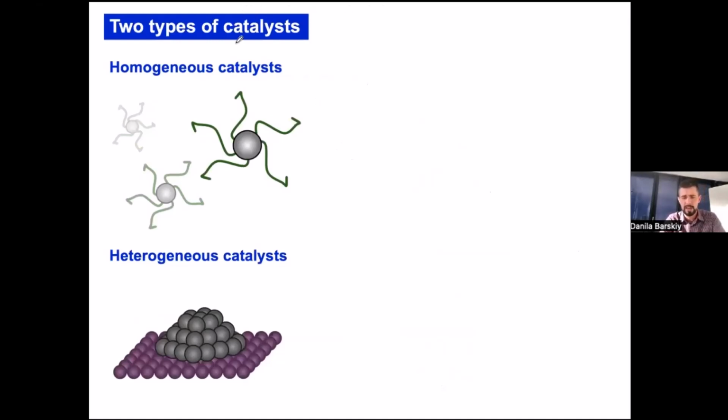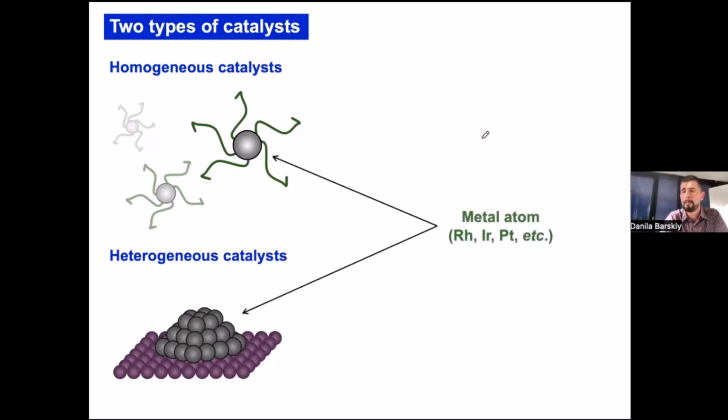And in general, in chemistry, there's a terminology of homogeneous and heterogeneous catalysis. What does it mean? Homogeneous catalysts are usually complexes of platinum group metals. It can be rhodium, iridium, platinum, palladium, ruthenium, and actually a lot of metals from the periodic table. And they're covered in organic ligands.